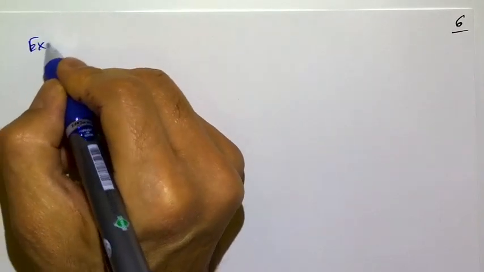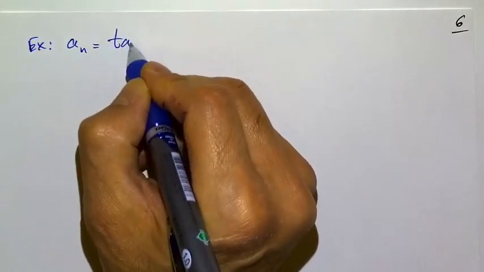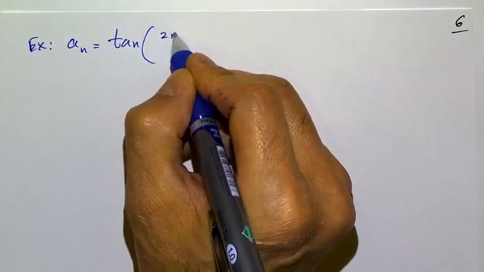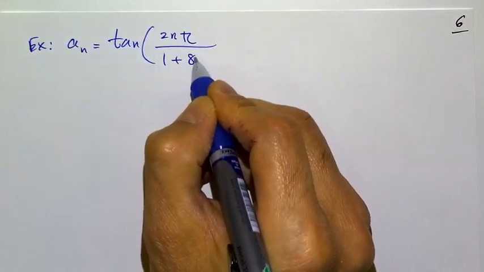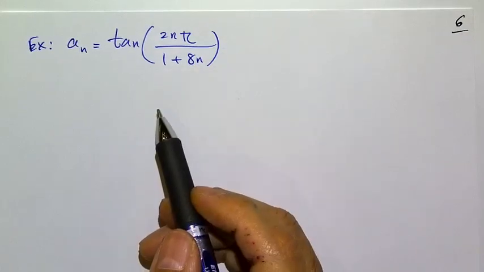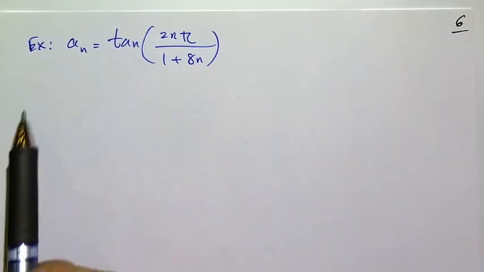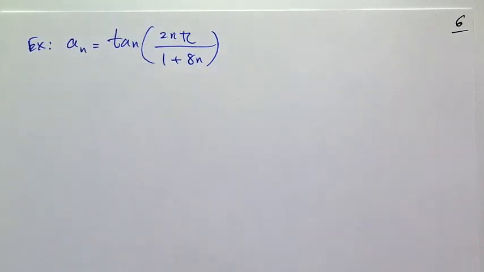So in this example, we have this sequence, h sub n equals tangent of 2n pi divided by 1 plus 8 times n. So if I look back, notice that we had a theorem or a definition, this one.